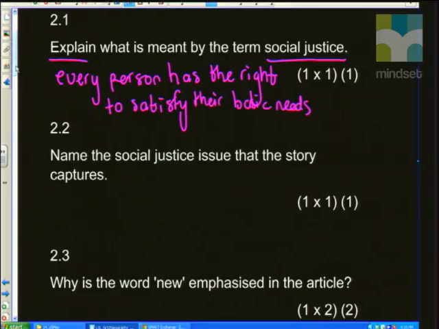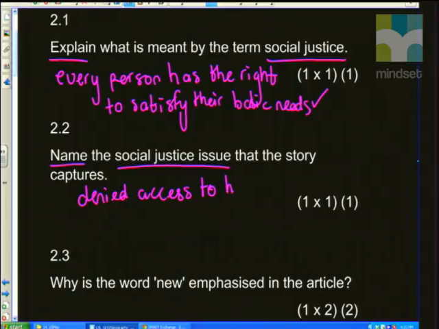All right, 1 mark for that definition. You also had to name the social justice issue from the story, and basically they were thrown off their land or denied access to housing or to a home, which is part of their basic needs, and that's not allowed. 1 mark there.